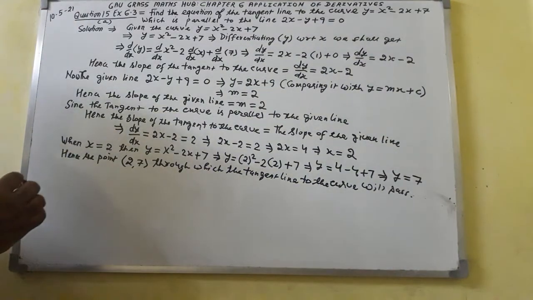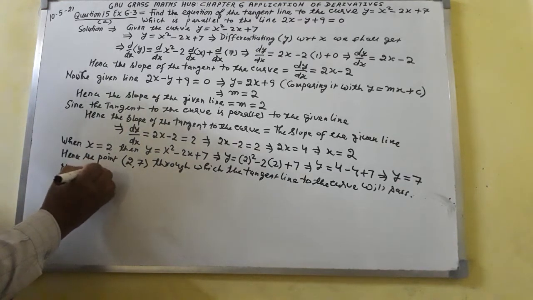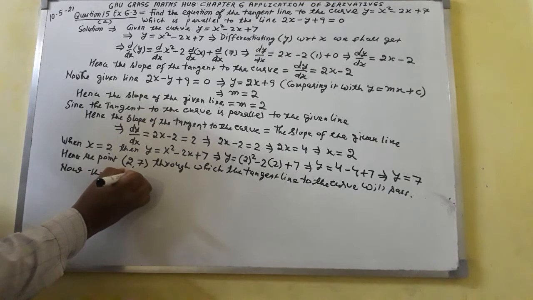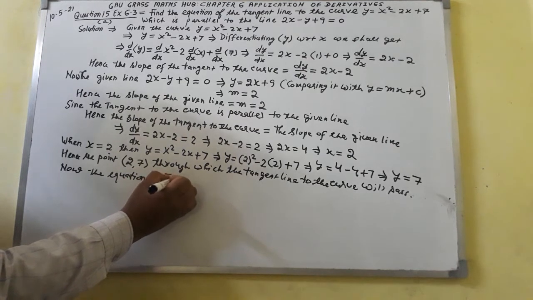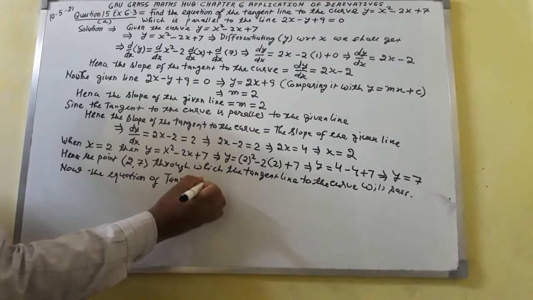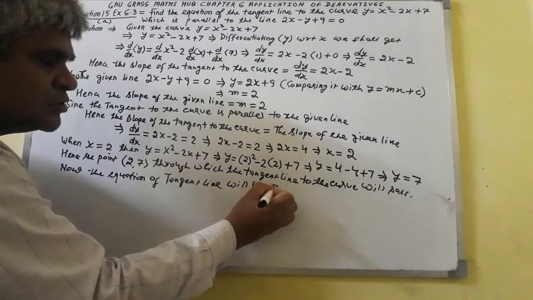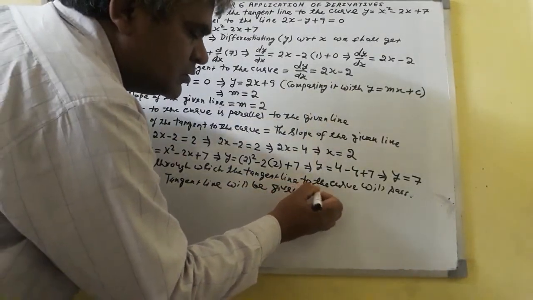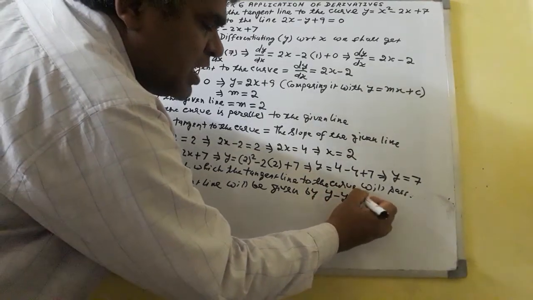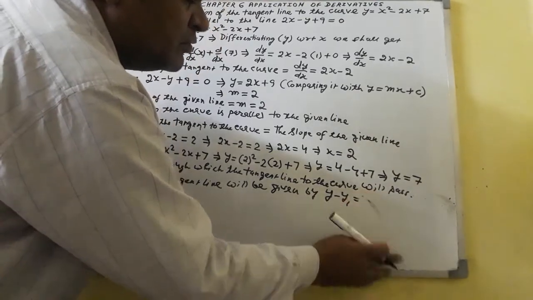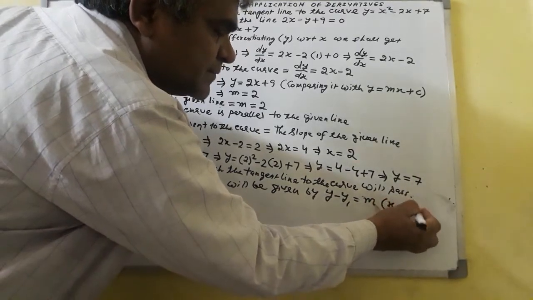Hence I shall write, now the equation of the tangent line will be given by y minus y1 equal to m in bracket x minus x1.